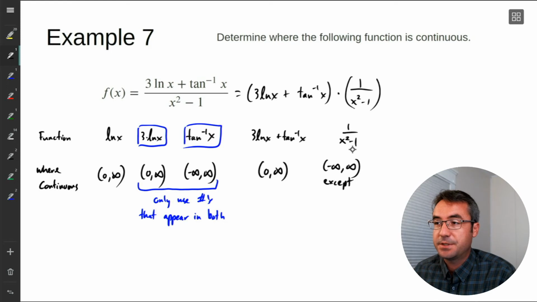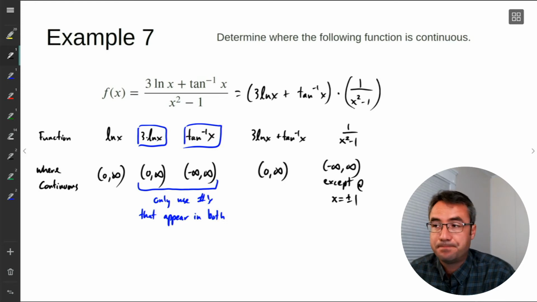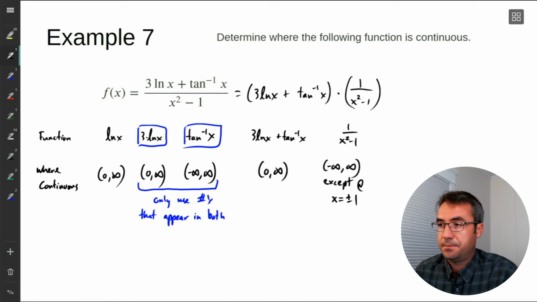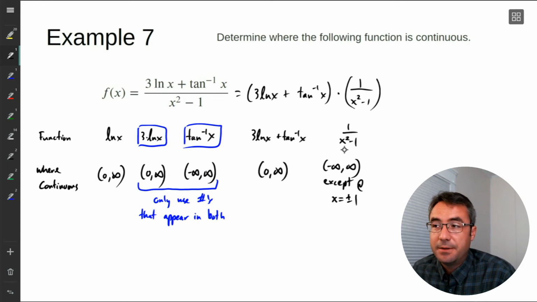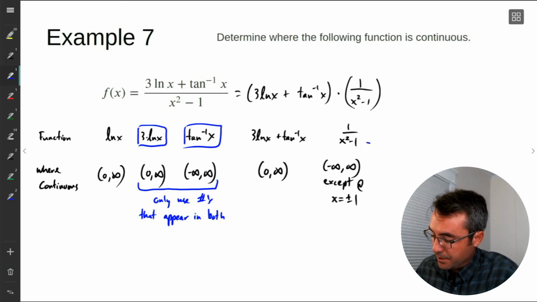So if we set x squared minus 1 equal to 0, we get x is equal to plus or minus 1. So we have to throw out x equals negative 1 and x equals positive 1 because this function's not defined there. But everywhere else, perfectly good. So again, just to be careful here, no division by 0.